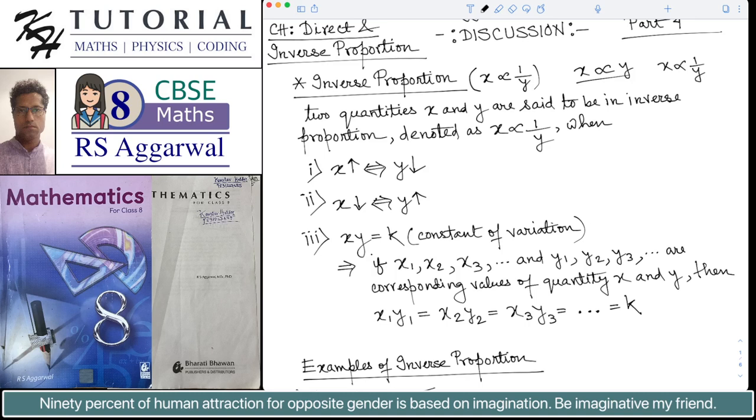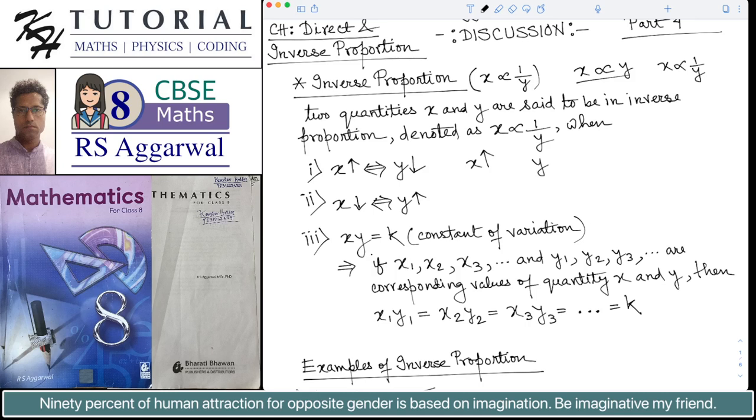Since x and y are varying with each other, definitely if you change x, y will change, and if you change y, x will change. Now, how specifically do they change when they are in inverse proportion? When you increase the value of x, the value of y will decrease.